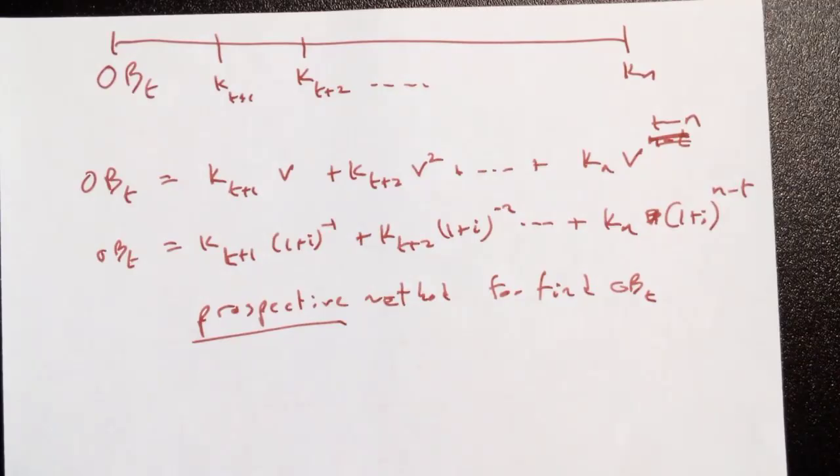This is more useful when I know the payments to be made at all future and past points. So for level or non-level annuities, this is actually very useful.